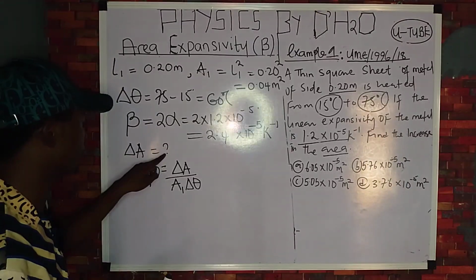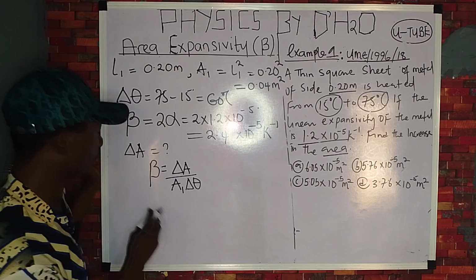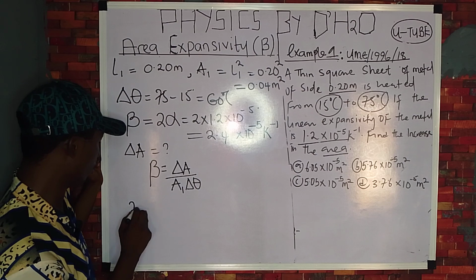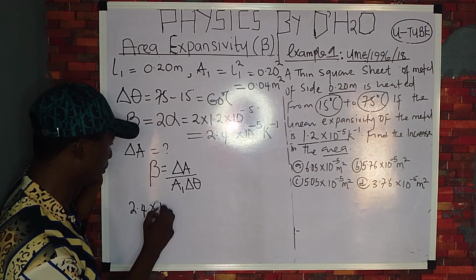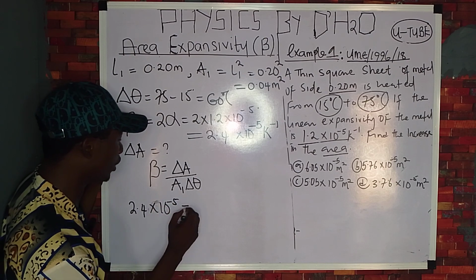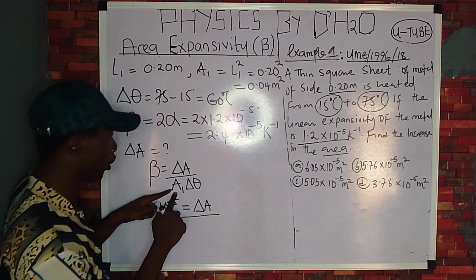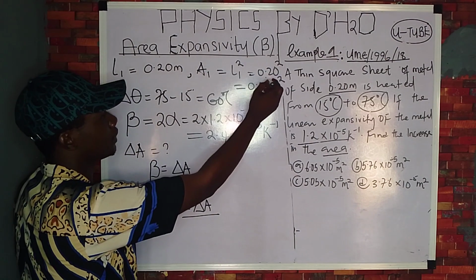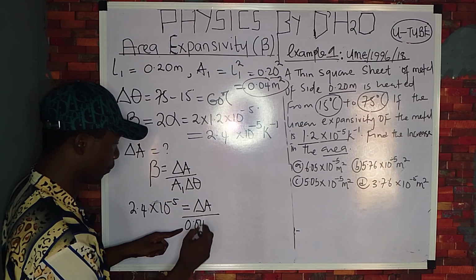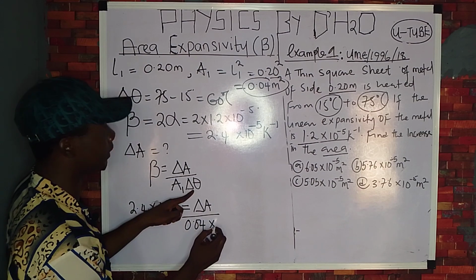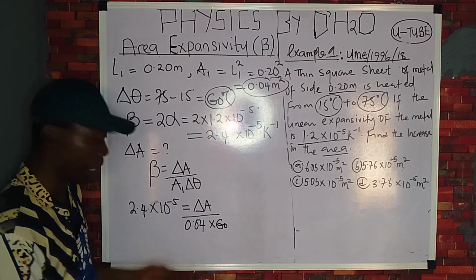Don't forget, we are looking for change in the area. So what's our area expansivity? It is 2.4 times 10 raised to the power of minus 5, equals change in our area over the original area, which is 0.04. So you have 0.04 times change in temperature. We have gotten that it is what? 60.